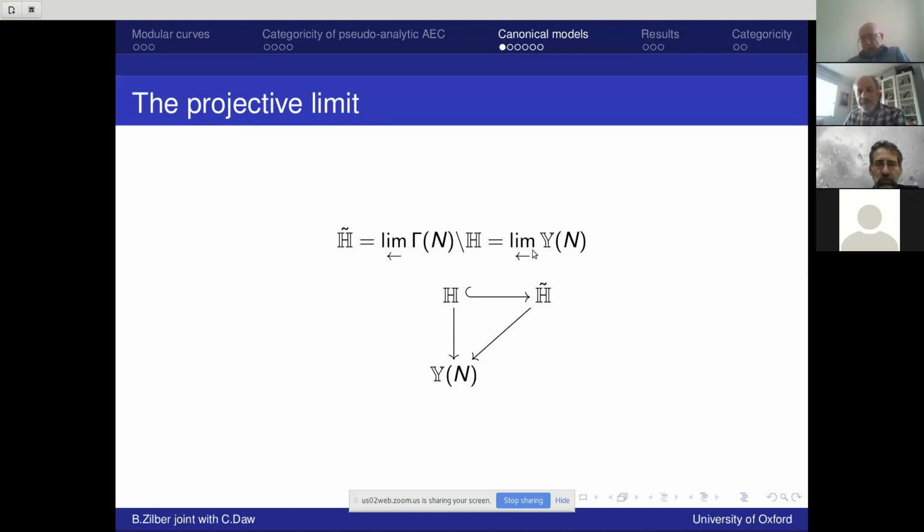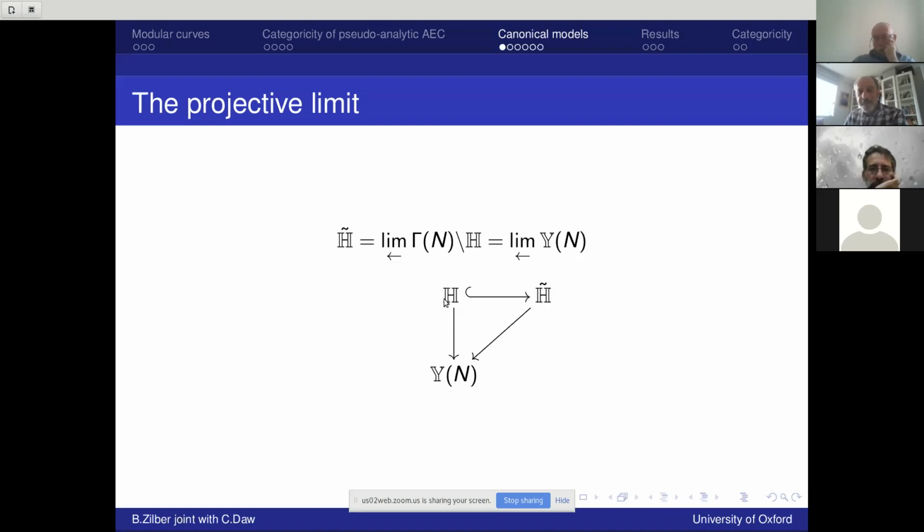And when we take a projective limit, we get, so this is actually the definition, this object. And this object is very homogeneous in the sense that it has all the automorphisms as these curves have. So the automorphisms of these curves can be lifted to automorphisms of this structure.